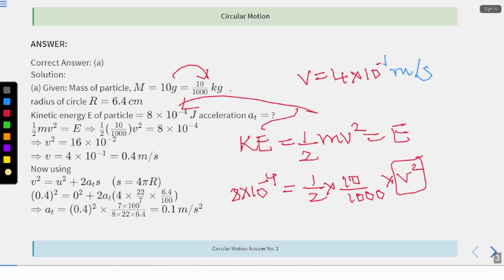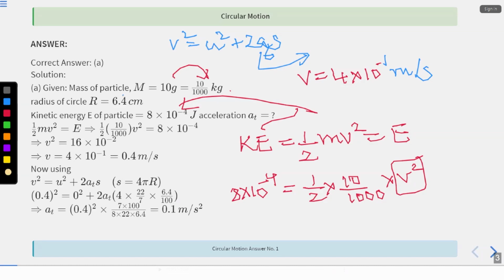Now, what we have to find is the acceleration. We just don't need the velocity. So for that, we'll use the laws of motion, right? Direct formula, V square is equal to U square plus 2AS, right? And here, A is the tangential acceleration, okay? Not the centripetal one. So substituting the values, you'll get it here.